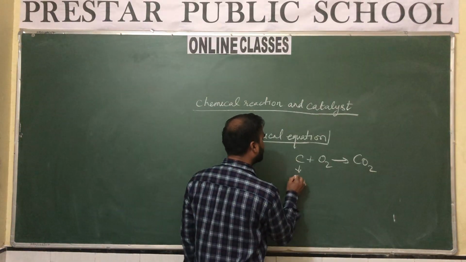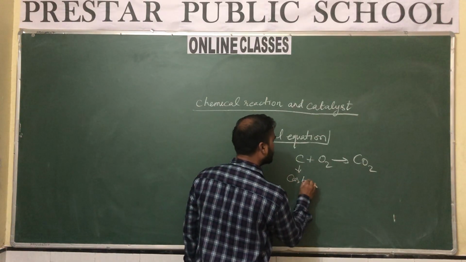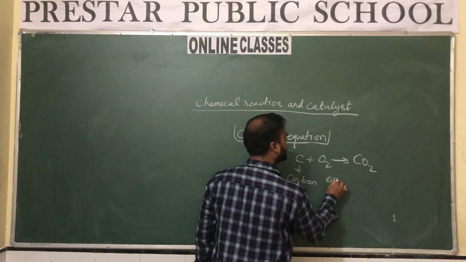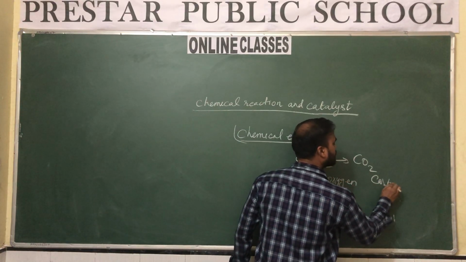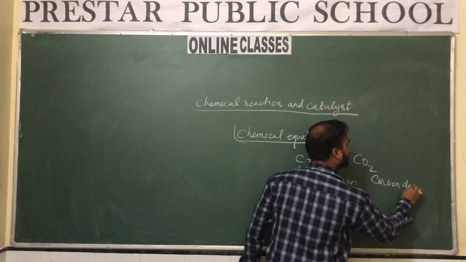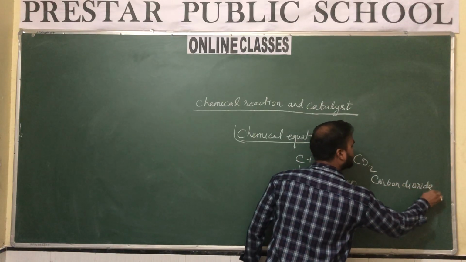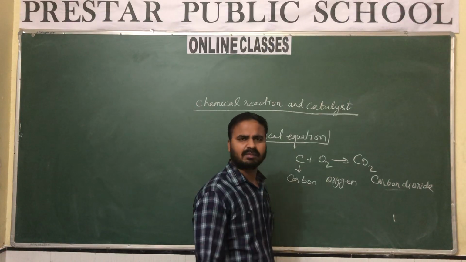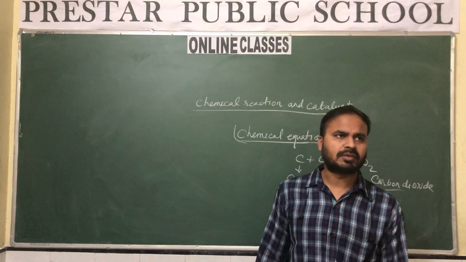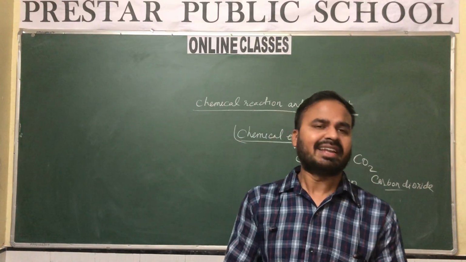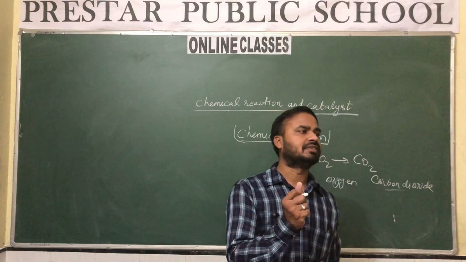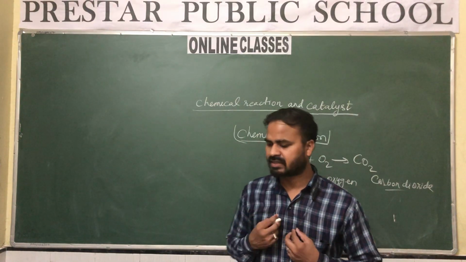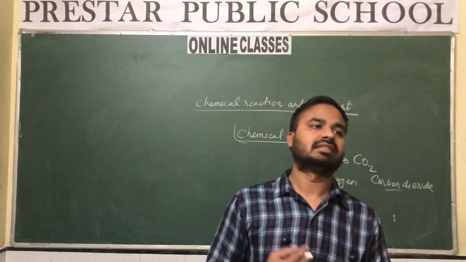If I write carbon, then oxygen, then carbon dioxide, that will take so much time, beta. So just to reduce that time, we express it in symbols. So what is a chemical equation? It is a symbolic representation of chemical reactions.